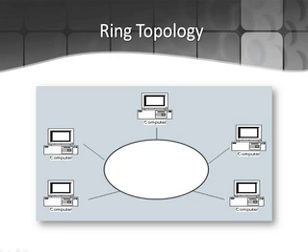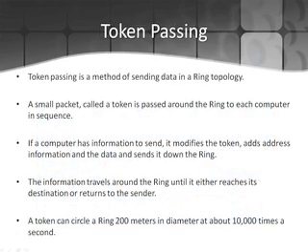And here we have an example of the ring with 5 computers, and you see the circle in which the cable would go. Which brings us to token passing. Token passing is a method of sending data in a ring topology. Now, a small packet called a token is passed around the ring to each computer in sequence.